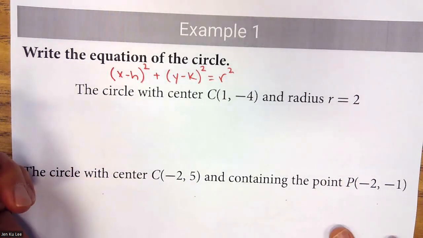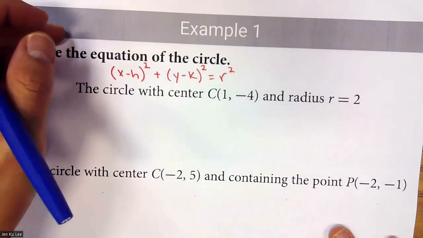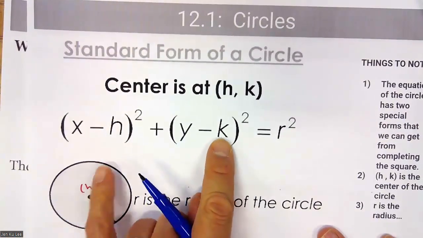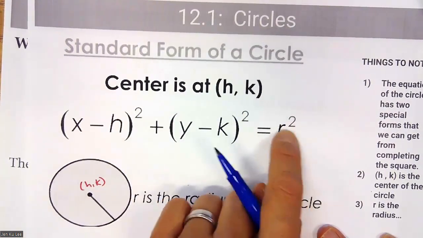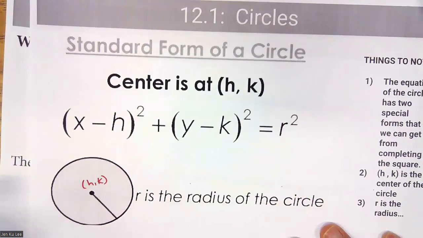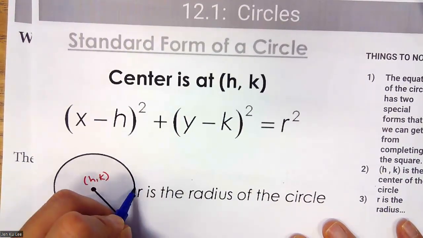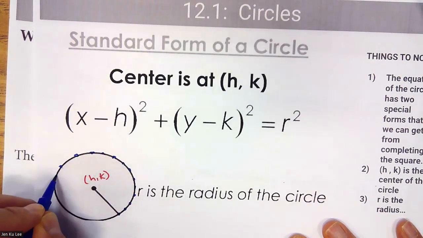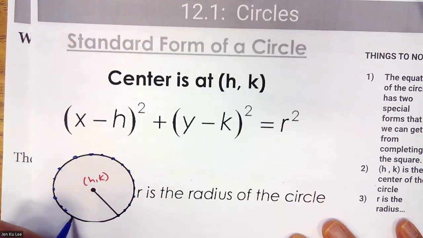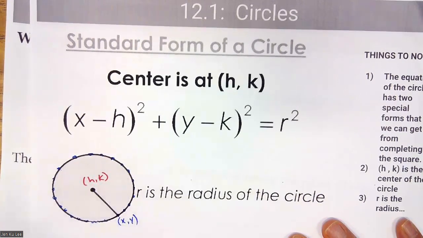X and y is just x and y. That is just different points on the circle itself. So that's a great question. If h and k are my center points, and r is my radius, what is x and y? X and y are points along the circle itself. So all of these points here that I'm drawing out are my x and y value.